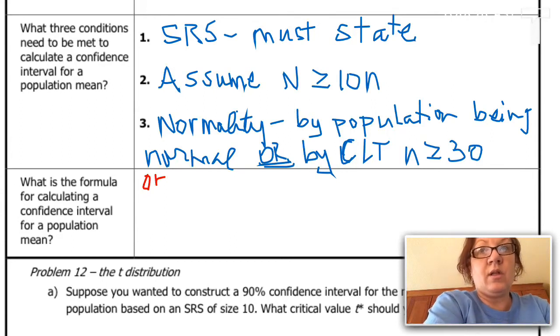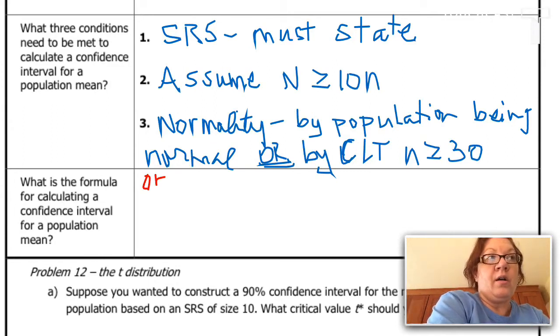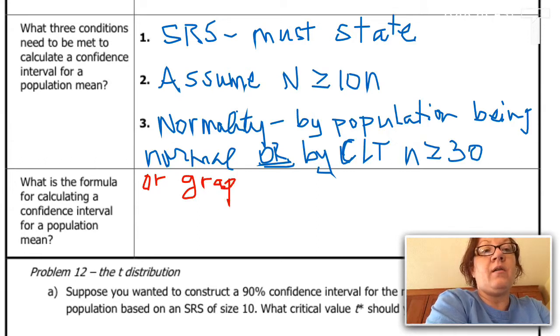T distributions are considered to be robust, which means they are not really affected by skewness. So if I graph, and I can usually with sample sizes that are small, I can look at a stem and leaf plot and I'll check really for abnormalities.